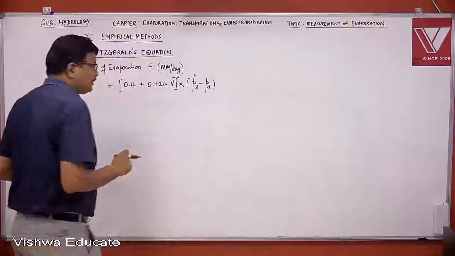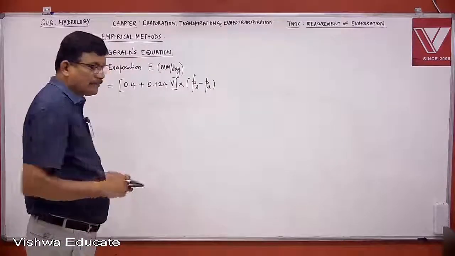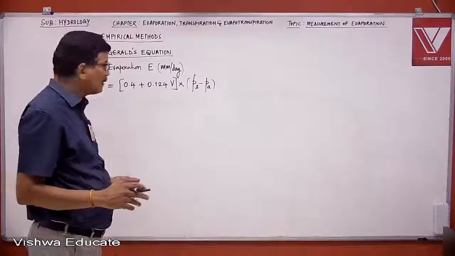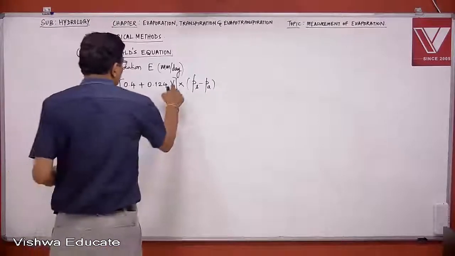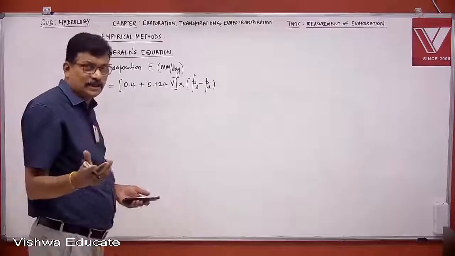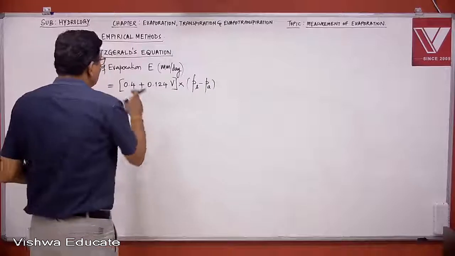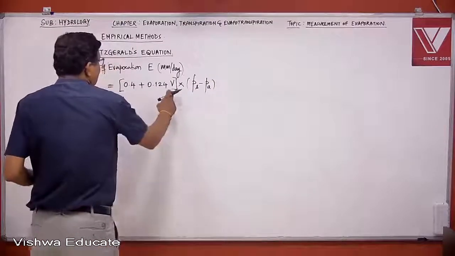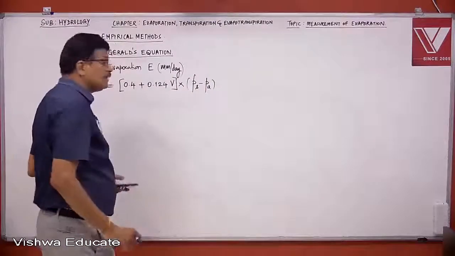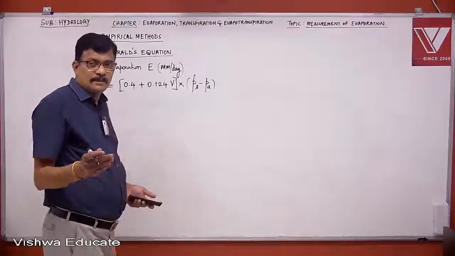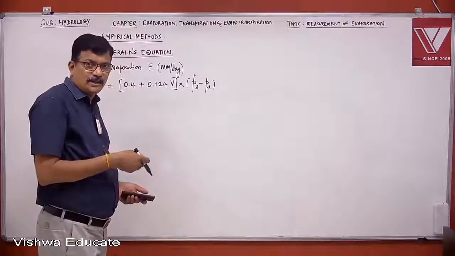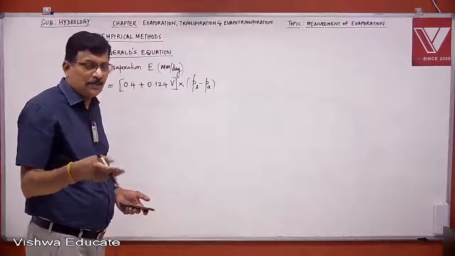Those are pressures, the saturation pressure and the pressure in the air. V is the wind velocity. Let us now write down the various parameters that are involved in the equation. Let me complete writing all that, then I'll give you a chance to copy.